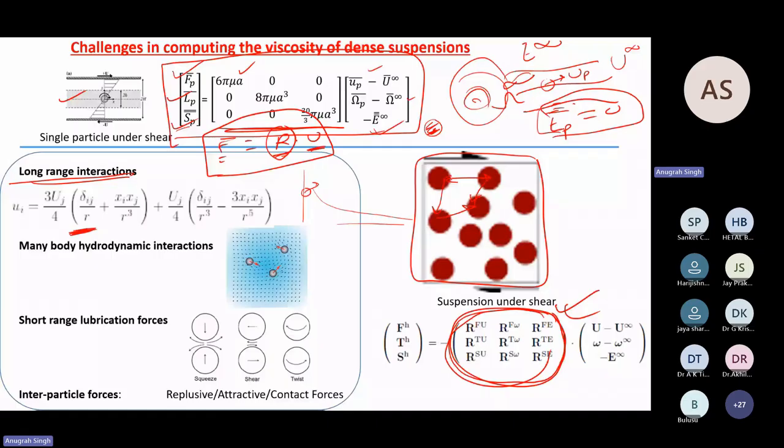Many body, what it means: Einstein assumed that one particle is not disturbing the other, this one is not disturbing this, and this. But in an actual dense suspension, if you move this particle, the velocity field here is disturbed, this will have some forces, this moves, then it comes back. So there will be multiple reflections. So for many body hydrodynamic interaction, as I told you, there is no analytical solution.